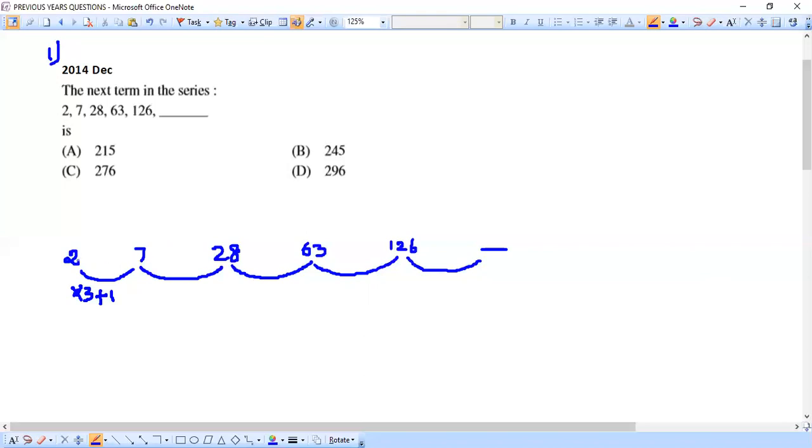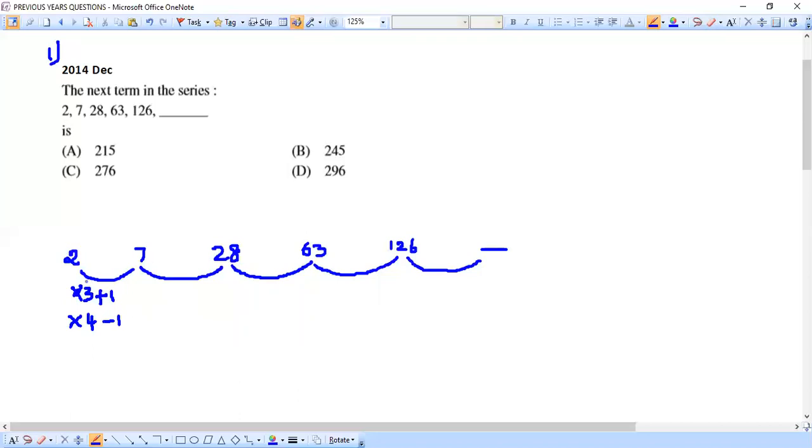And remember, if I go for 2 fours are 8, we'll just write the other possibility also, because that 8 is also very near to this 7. So if I go for 2 fours are 8, then I have to do minus 1 to get this 7.